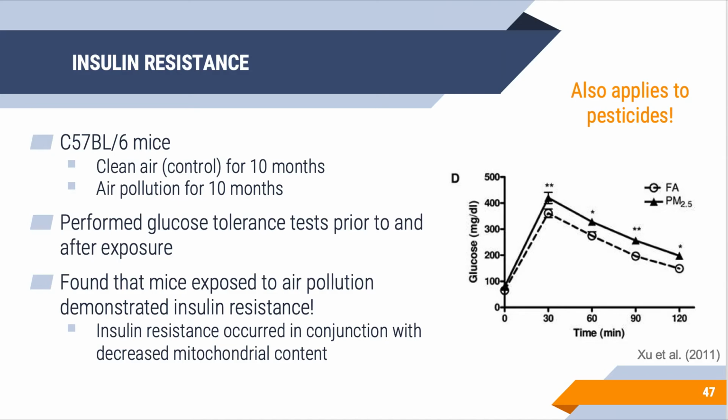Interestingly, this has been shown multiple times with different pollutants, whether it is air pollution like smog or coating the rodents' foods with pesticides and ingestion of those pesticides. In all scenarios, we see an increase in insulin resistance following exposure to pollution.